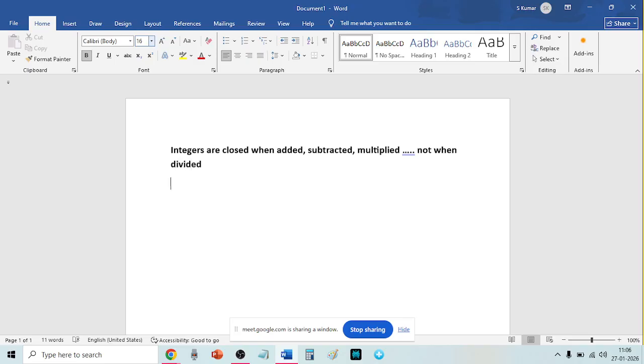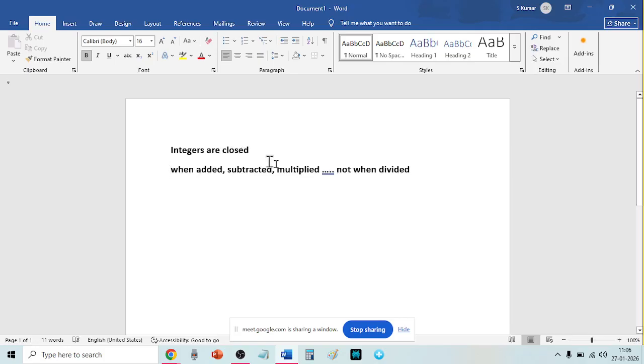Similarly, integers are closed when added, not when divided. Similarly, integers are commutative when what?